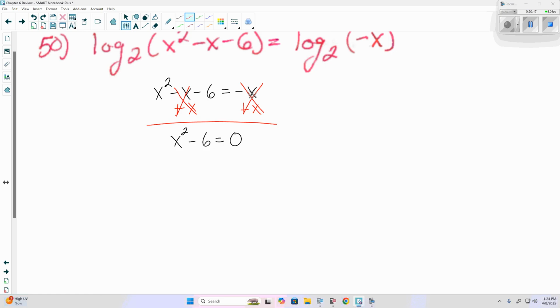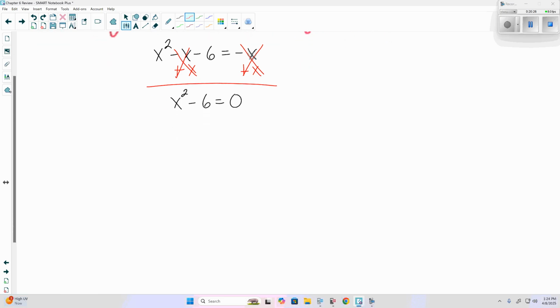But since there is no middle term, no x term, we can use the square root method: get x squared by itself, take the square root of both sides. This only works if we don't have an x term. So we can just add 6, because what we're saying is something times itself is equal to 6. Then we can just square root both sides, because the square root of x squared is x.